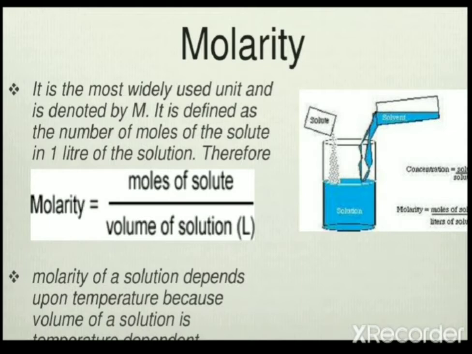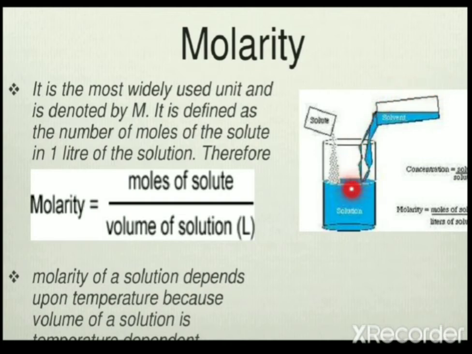Next, the term molarity. Molarity is the most widely used unit and it is denoted by capital M. It is defined as the number of moles of solute in 1 liter of the solution. After adding solvent, it forms 1 liter of the solution.